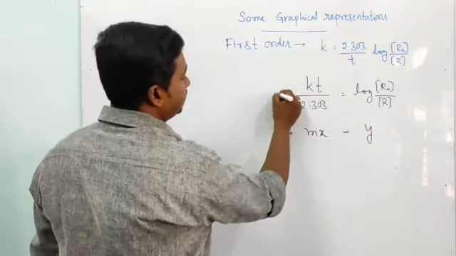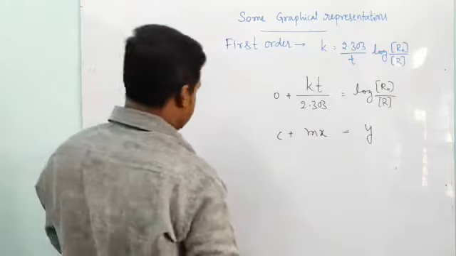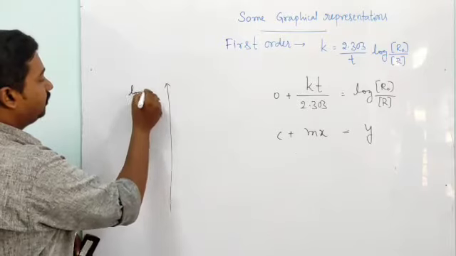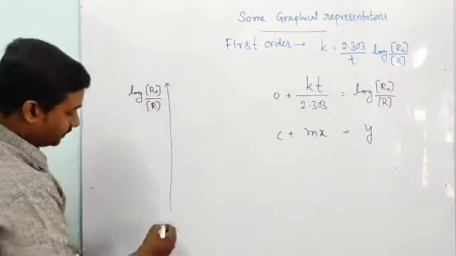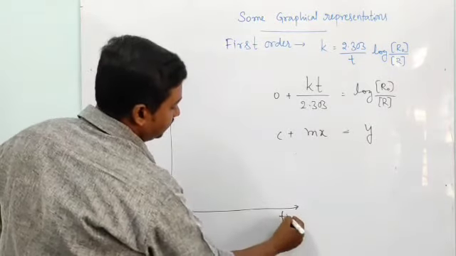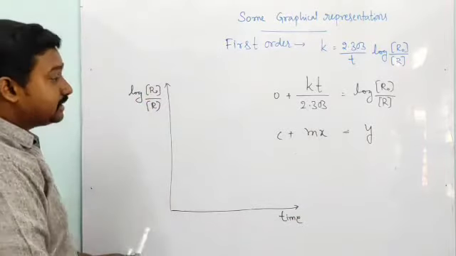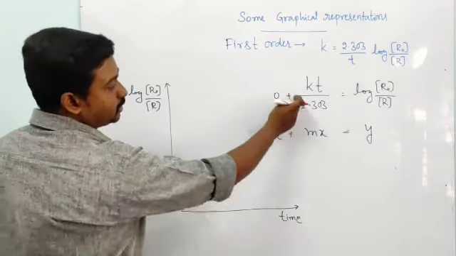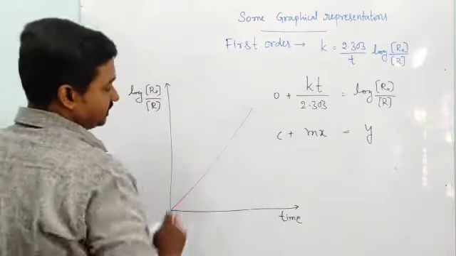There is nothing here, so there is no intercept c. So compare this. In the graph, I must have log of R0 by R along the y-axis, and along the x-axis I must have t, that is time. There is no intercept, so the straight line must start from the origin, and it has a positive slope, so I'll have a straight line increasing like this.